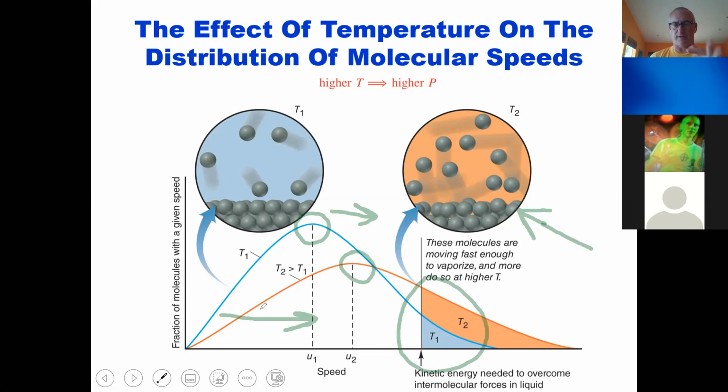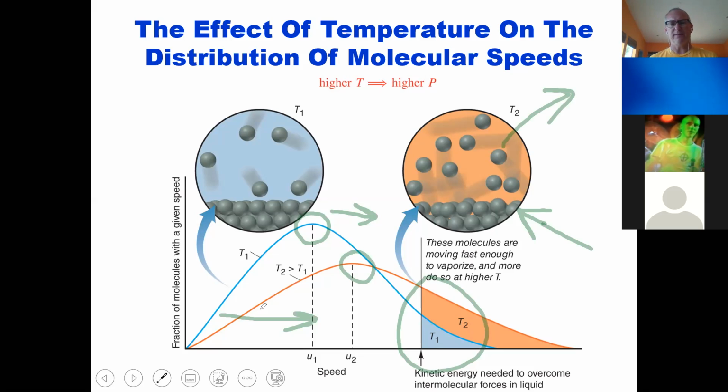Like with water, and we'll show what these different forces are, water is being held together by, we'll see, hydrogen bonding, one of the major forces that holds the molecules together. You need to overcome that interaction by increasing the kinetic energy, so they move faster and faster. Finally, they start moving so quickly they break apart, vaporize, and become gas, okay? Any questions about this so far?